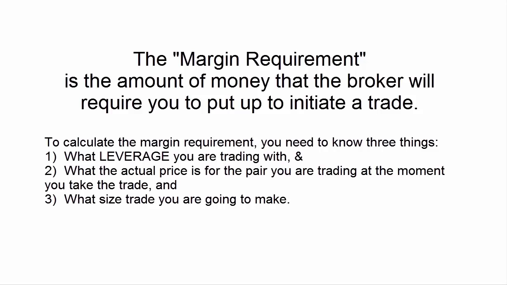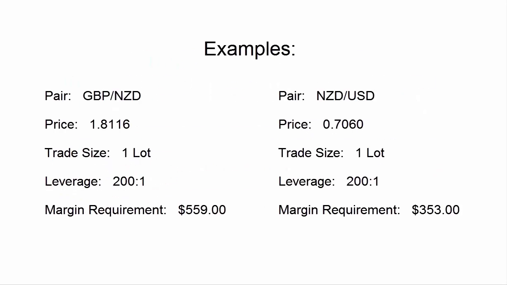No matter what leverage you're using in your trading account, the margin requirement for a one-lot trade can vary significantly depending on what pair you're trading. Here are two examples. You can see that with the pair of GBP NZD, for one lot at 200 leverage, the margin requirement is $559. But for the same trade of one lot at 200 to 1 leverage, for the NZD USD, the margin requirement is only $353.